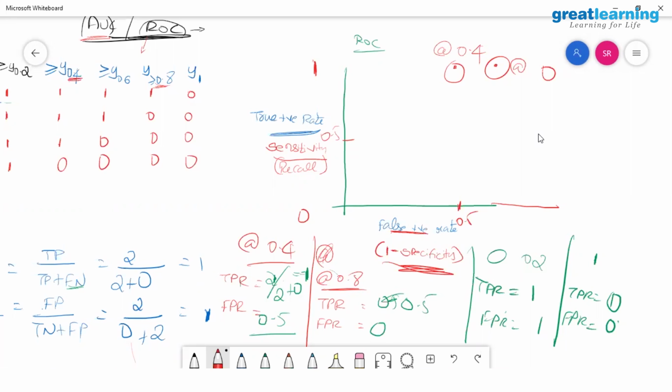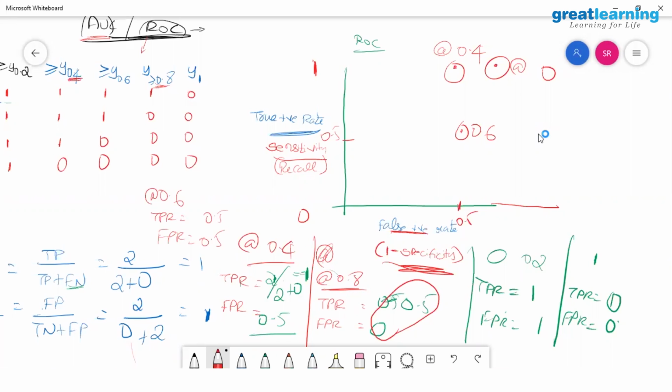Now the threshold for 0.6. For the threshold value 0.6, the TPR is equal to 0.5 and the FPR is equal to 0.5. So it is going to be over here, 0.5 and 0.5. Do you agree with me? This is for 0.6. Now what happens for 0.8?